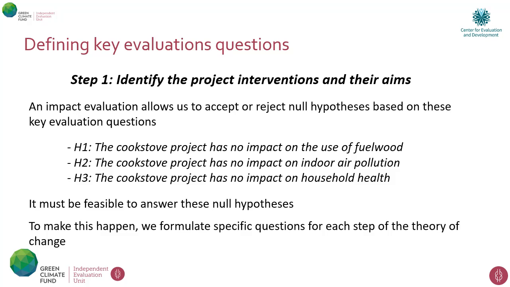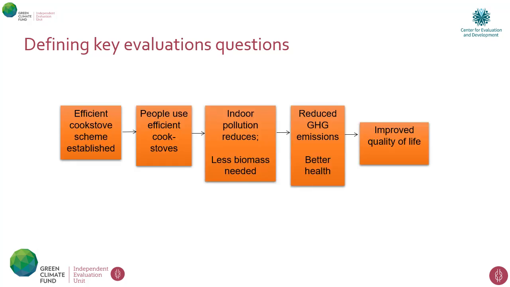But it must be feasible to answer these questions and to answer these null hypotheses. And to make this happen, we formulate specific questions for each step of the theory of change. So, for the activities, what are the characteristics of the cook stove scheme?